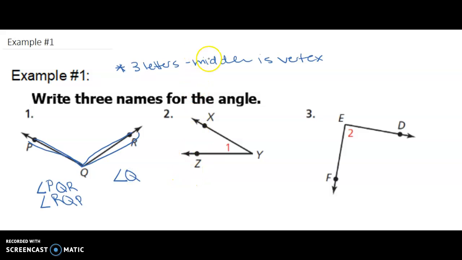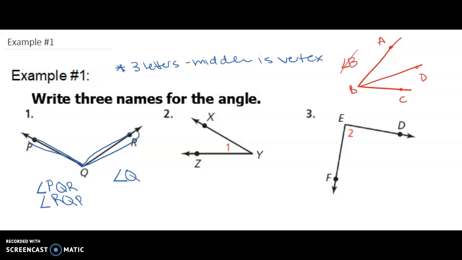Now be very, very careful. I'm going to draw up here. So say I have a couple angles that look like this. So here's A, B, C, and D. I could not name this angle B. Can't do it, it won't work.